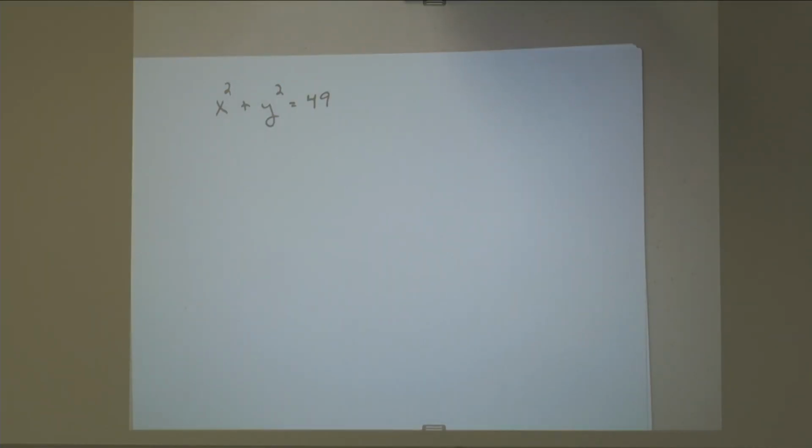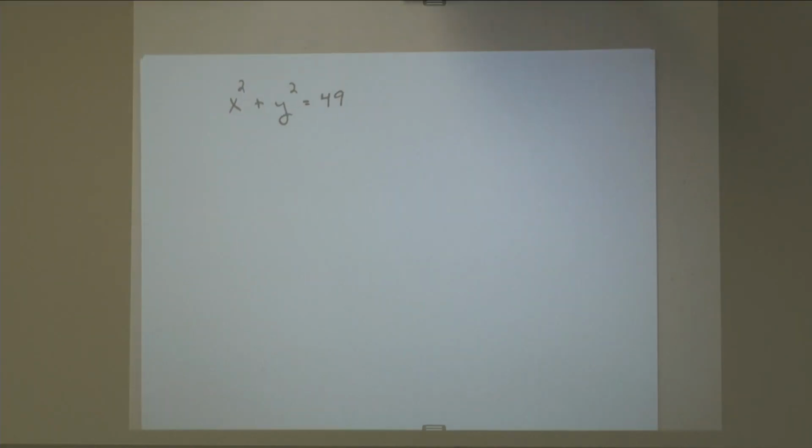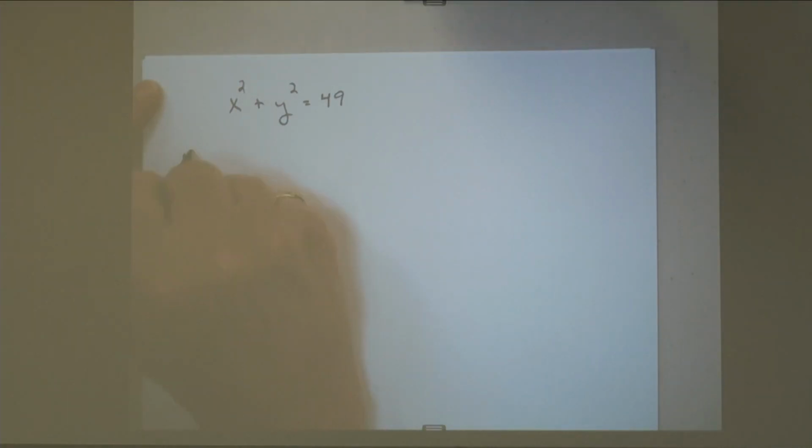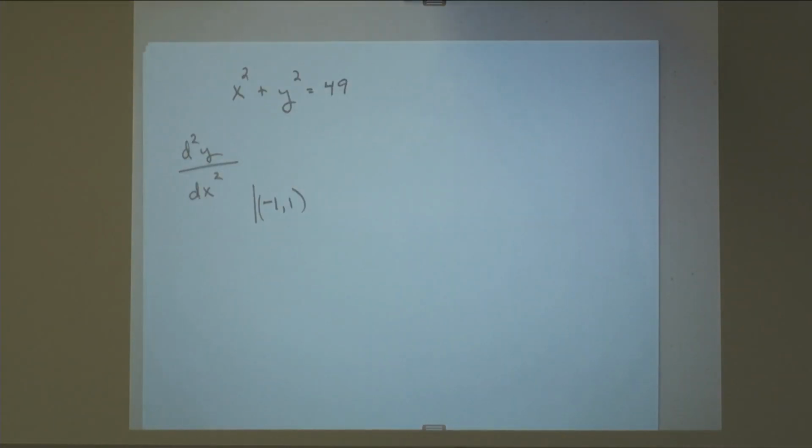The center is at 0, 0, and the radius, of course, is 7. All right. So the question is, evaluate the second derivative at negative 1, 1. Given x squared plus y squared is 49, evaluate your second derivative at negative 1, 1.